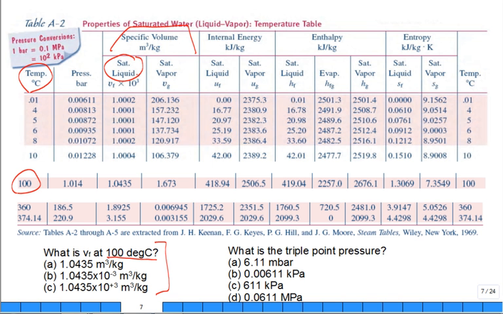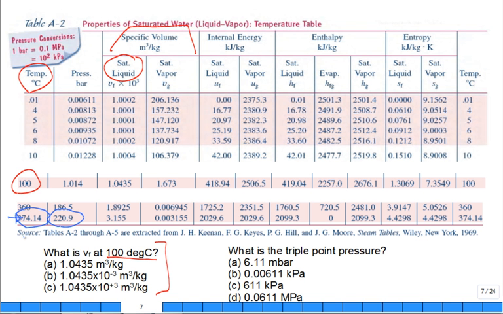Okay, now last time I tried to emphasize this. When you get up to this point, what is the name of this point? The last entry in that table A2. It's either the triple point or the critical point. It's the critical point. It's a very high pressure, 22 megapascal or 220 bar. Temperature around 374 degrees C. Right?